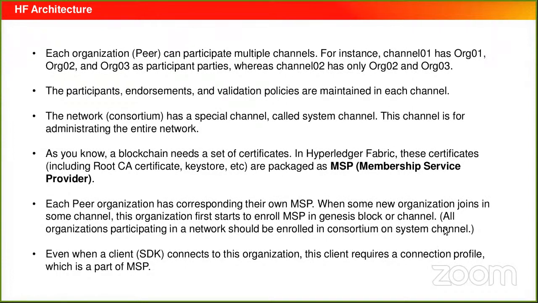To simplify, what he's saying is that when an organization is registered, it is registered both in the system channel, for the main admin of the network, and inside the channel, where the parties on that specific channel can approve it. You know what I mean?